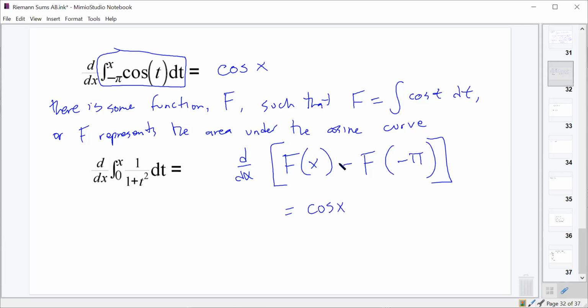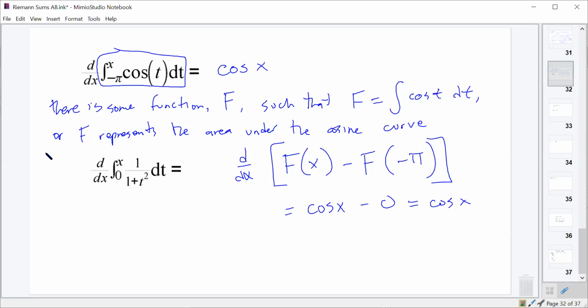And then the derivative of capital F of a number is just a number, and its derivative is 0. And that's how we end up getting cosine x. That make sense? Or no?